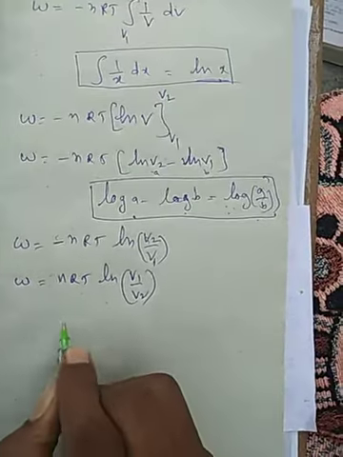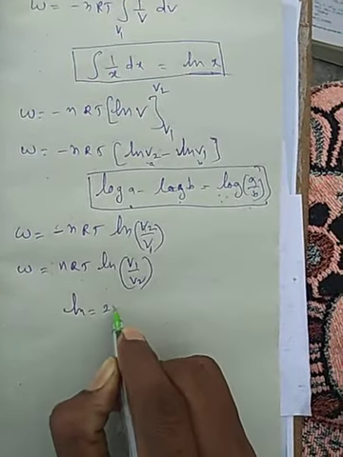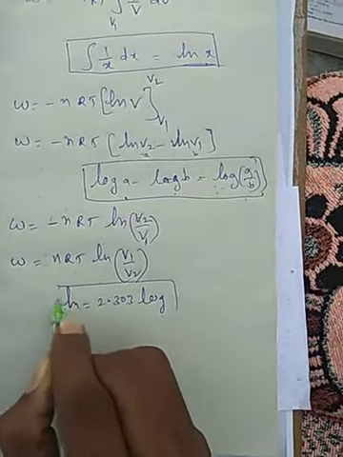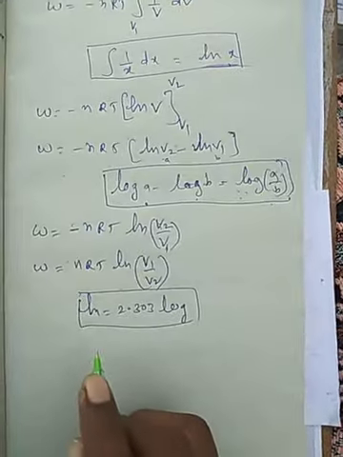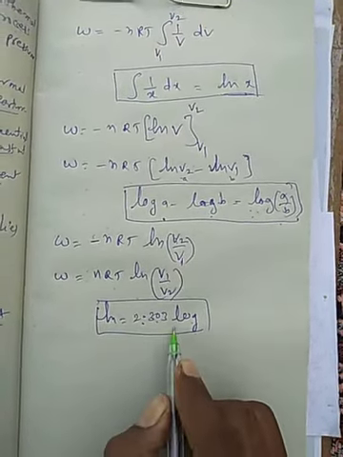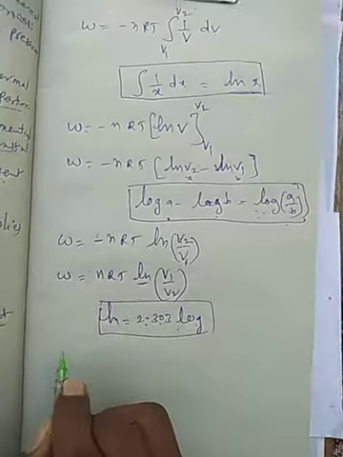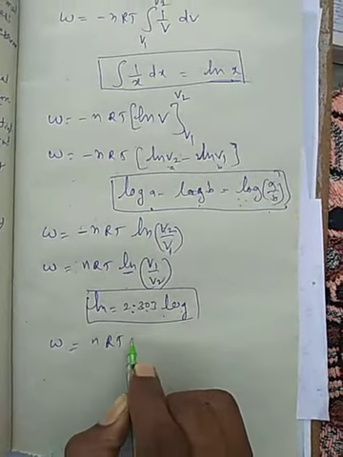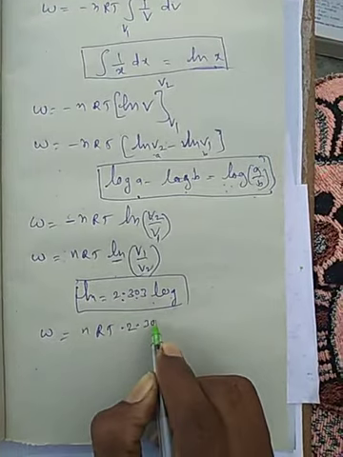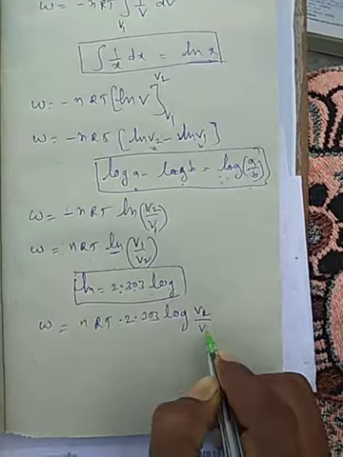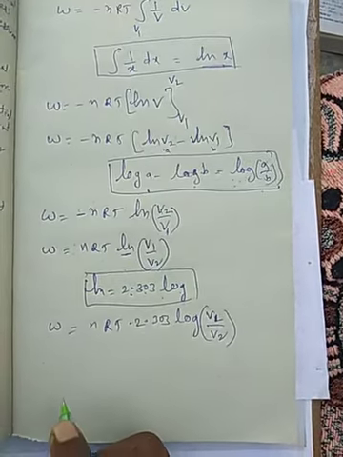Now, in the mathematical changes, ln is equal to 2.303 log. We get the value of ln as 2.303 log. Substituting this in place of ln, we get W is equal to nRT times 2.303 log v1 by v2.